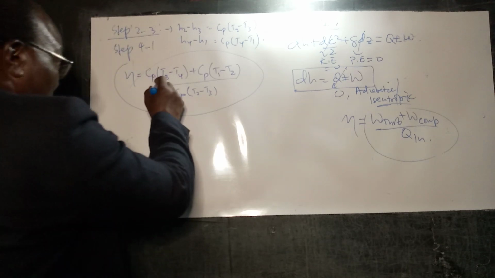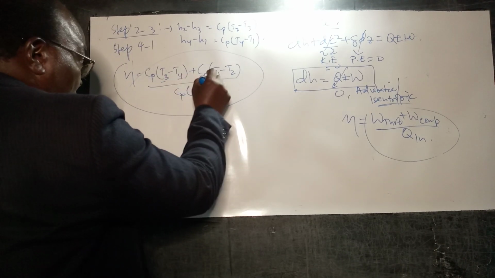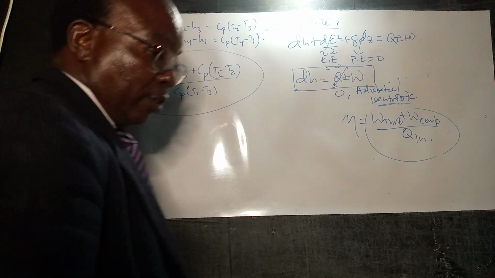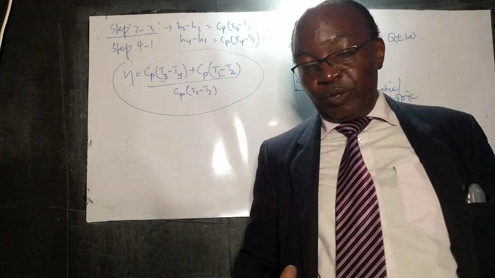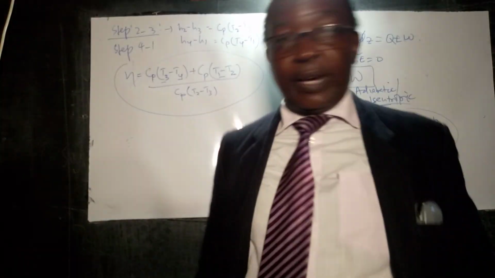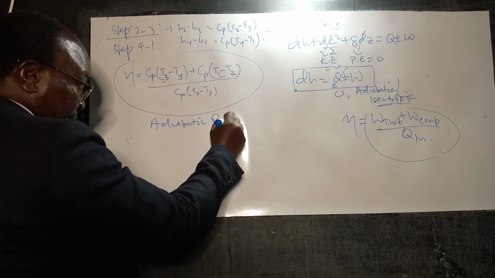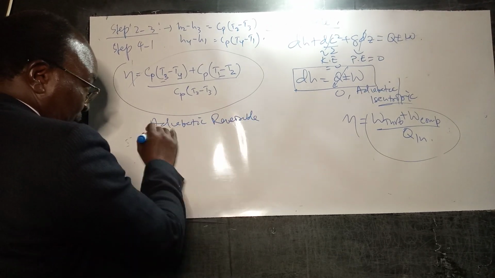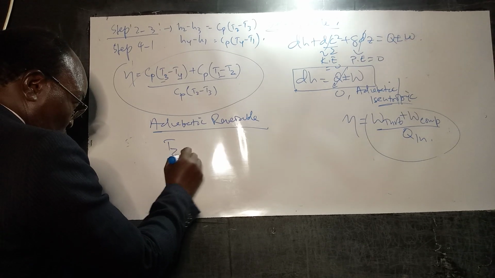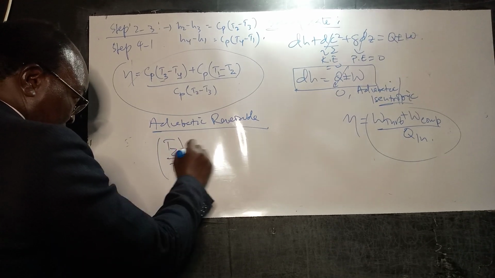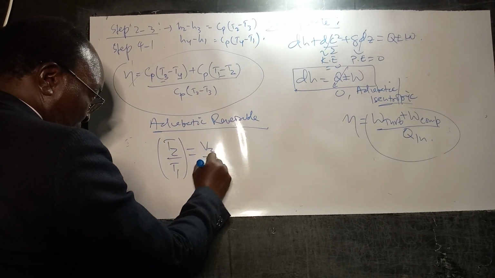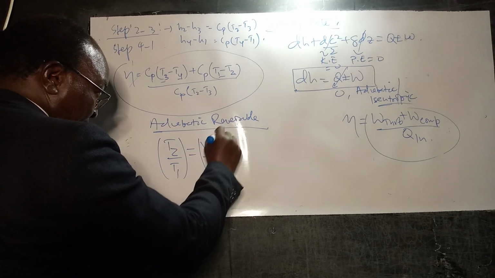But now, in terms of pressure ratios, we can use the expression which we got when we solved for adiabatic reversible work. I encourage you to look at that particular lecture for adiabatic reversible work. We saw that T2 over T1 was equal to (V2 over V1) to the power gamma minus 1.